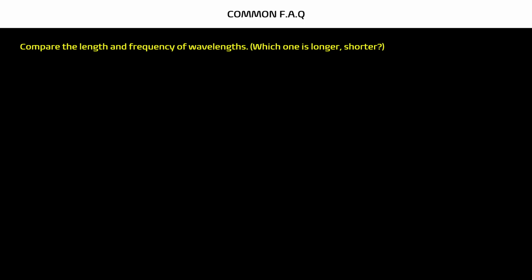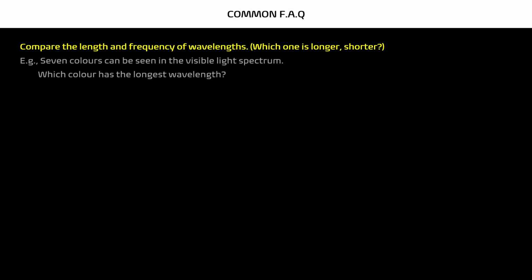Now, let's take a look at some other common questions. So in exams about waves, they will ask you all the time to compare the length and frequency of wavelengths, which one is longer, which one is shorter. Now, a sample question would be that there are 7 colors which we can see in the visible light spectrum, but which color has the longest wavelength?